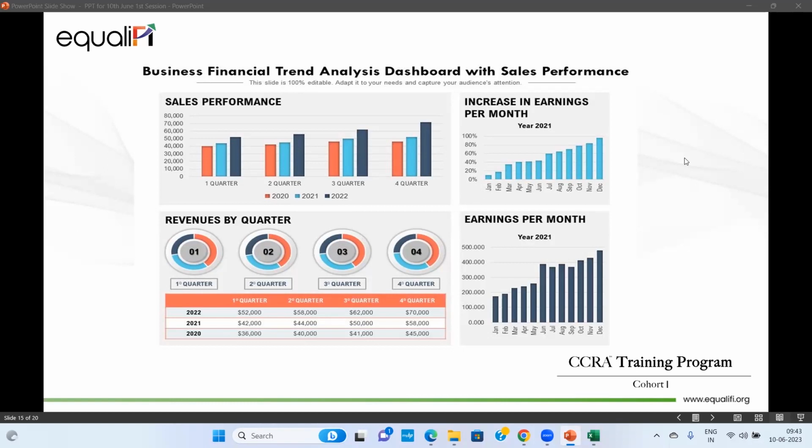Similarly, revenues, and the graphical increase in earnings per month. One is earnings per month, another is increase in earnings per month. The trend shows it's good.